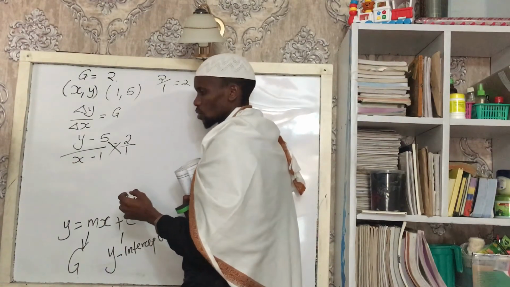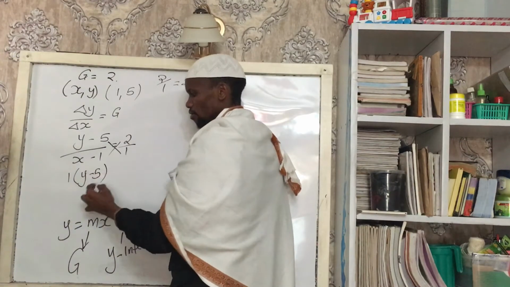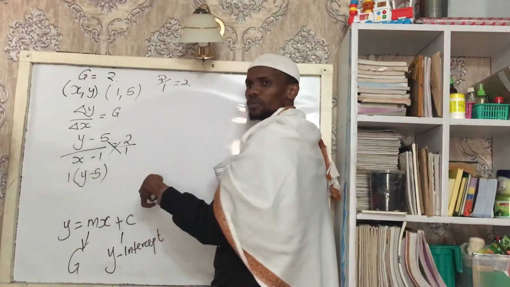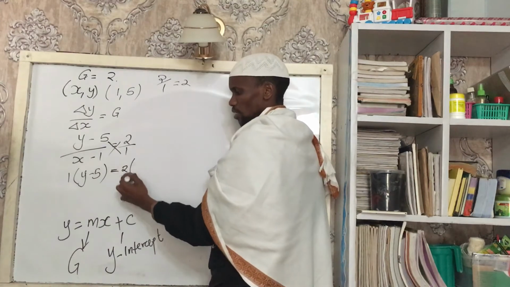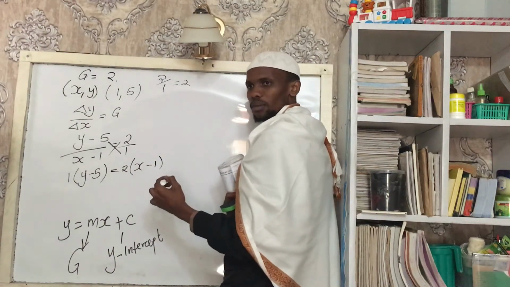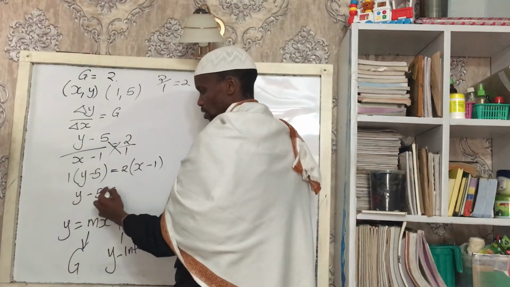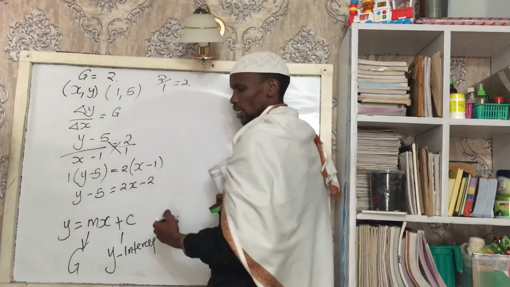Are we together? So I will say 1 into bracket y minus 5, cross multiplication, equals to 2 into bracket x minus 1, right? We open the bracket, y minus 5 is equals to 2x minus 2, right?